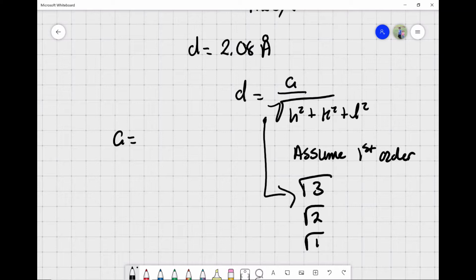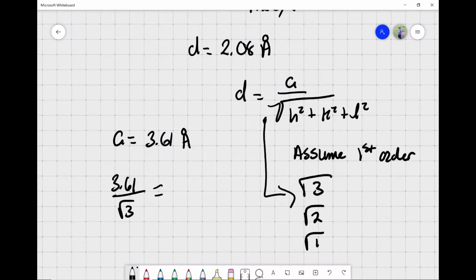What was A equal to? 3.61 angstroms. And so D is 2.08. We know that A is 3.61 angstroms, so 3.61 divided by the square root of 3 should equal 2.08 if we're right.